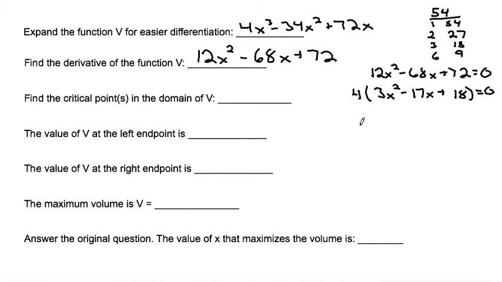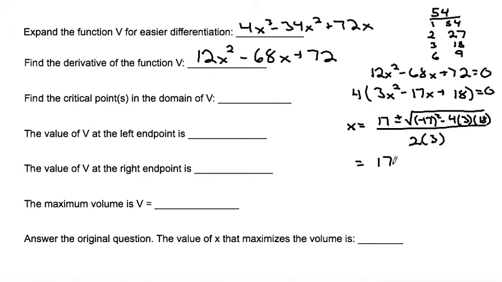Okay, so we can't use regular factoring. Let's use the quadratic formula instead. x is equal to negative b, which would be 17, plus or minus the square root of b squared, which is negative 17 squared, minus 4 times a, which is 3, times c, which is 18, all over 2a, which is 2 times 3.